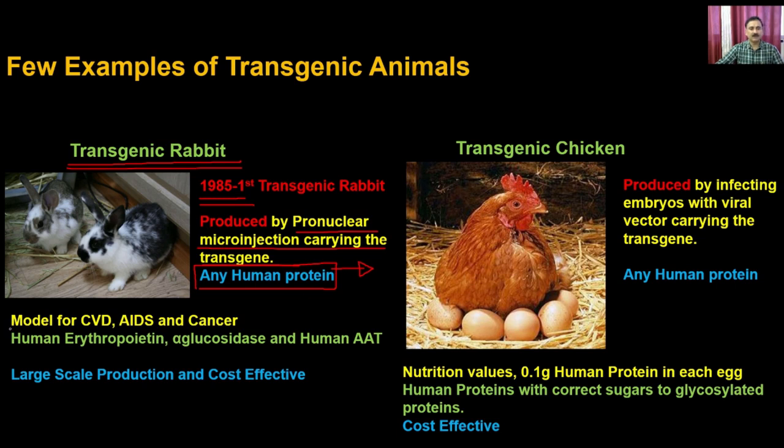For example, rabbits are very good for different types of disease models like cardiovascular diseases or AIDS or cancers. Apart from that, the rabbits are also being used as a protein production machinery to overexpress human erythropoietin, alpha glucosidase, and human AAT.